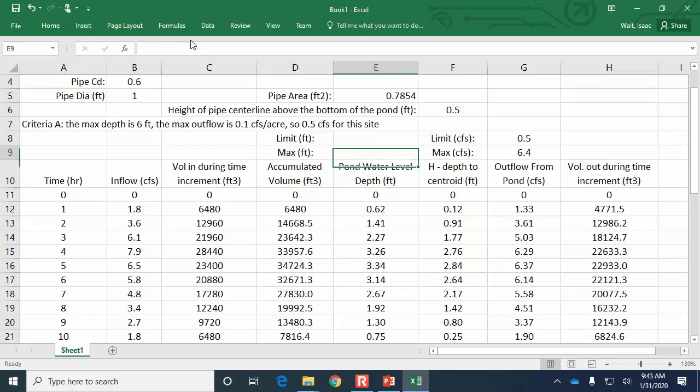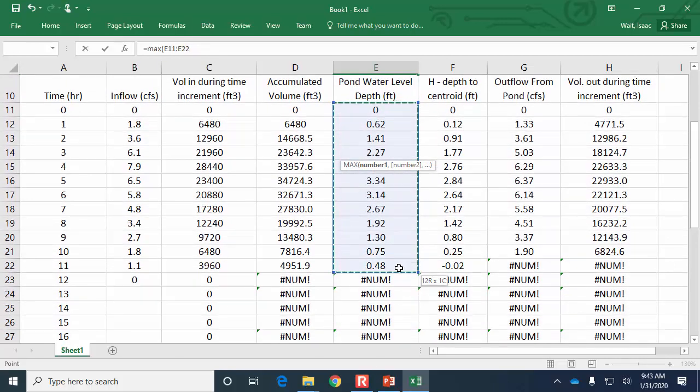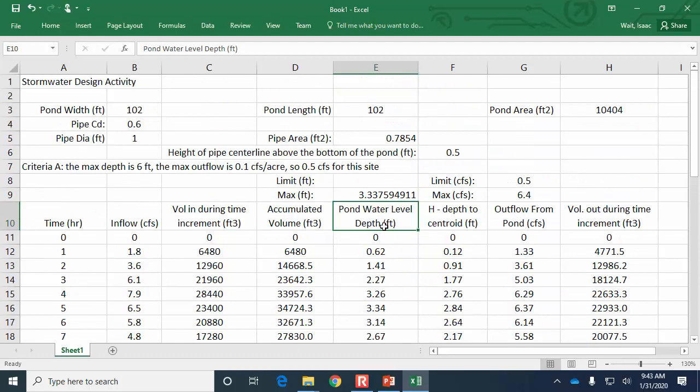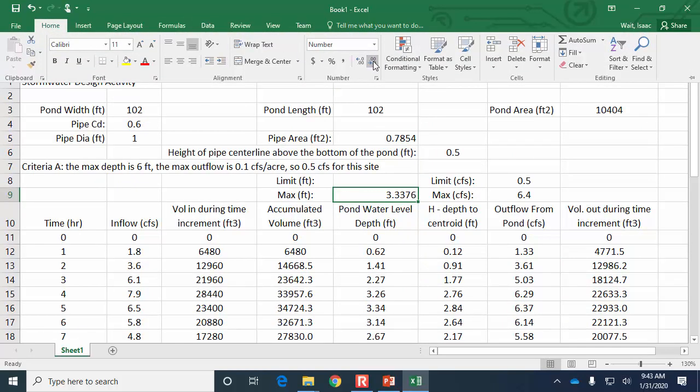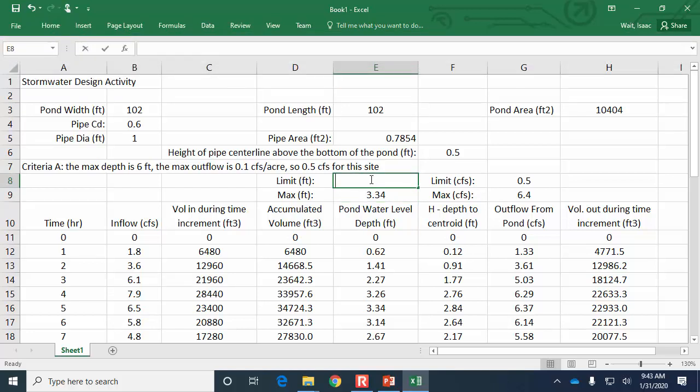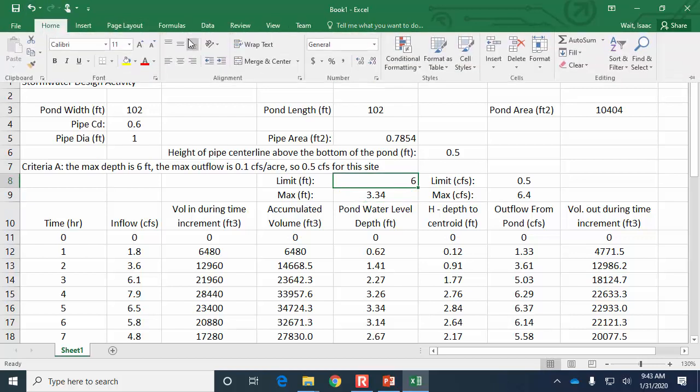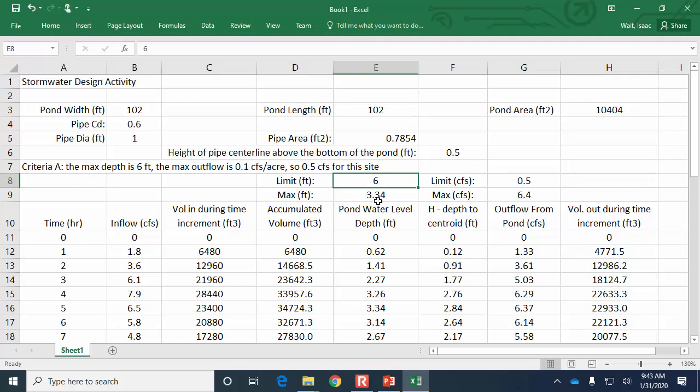The current maximum that we see in our design is 3.3, and we're permitted to increase the depth all the way up to 6. And as you make the pond outflow pipe smaller, it's going to make the depth go up.